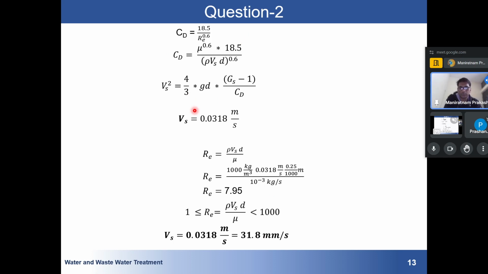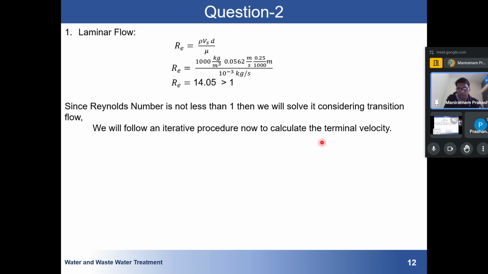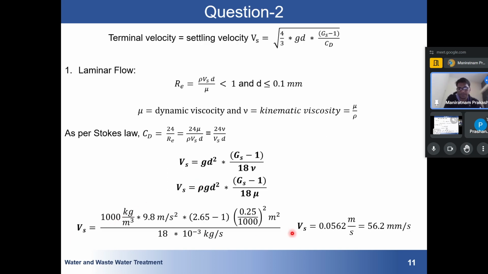Like, let's assume case one, iteration means we are using the previous value. For now I have used this formula, but I could also have used the iteration method. In the iteration method, what I would have done is, from laminar flow I have already found the value, that is 0.0562 meter per second.